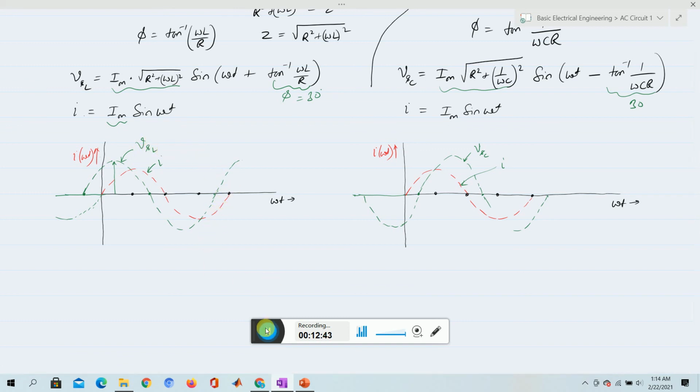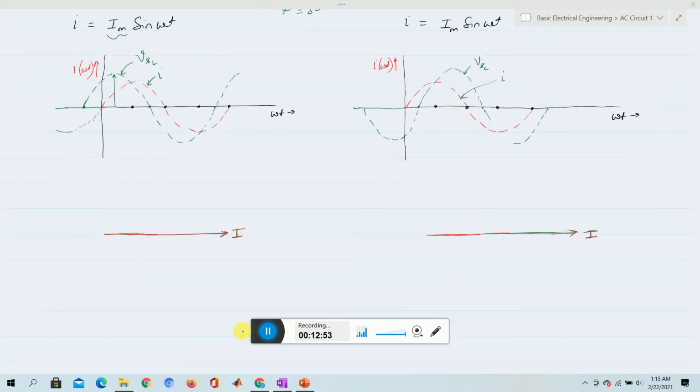Usually you have seen that in case of an inductor the current is lagging, and if we draw the phasor diagram this concept will be more clear. Let us take the current phasor as the reference, on the positive x-axis, and this I is obviously equal to Im by root 2, because these are the RMS quantities.